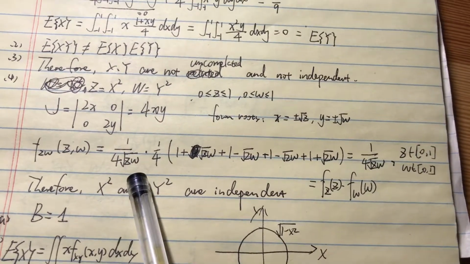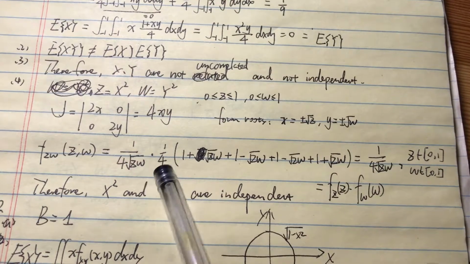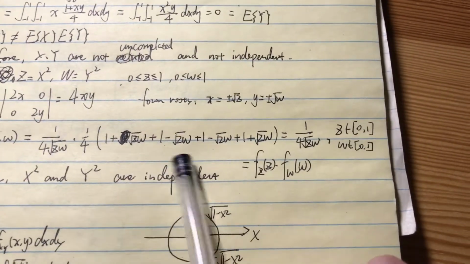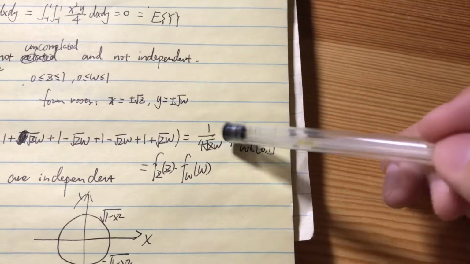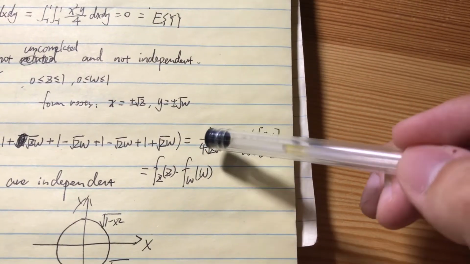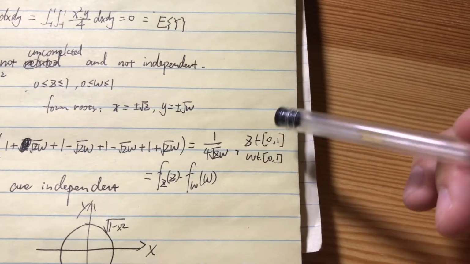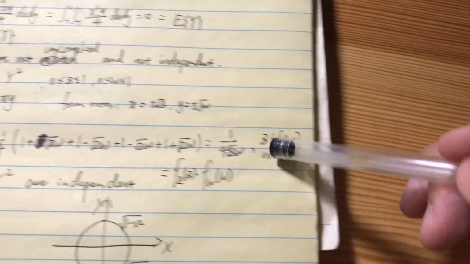We get the common term, and the final result is 1/4 times 1 over the square root of z times w, on the interval of z and w.